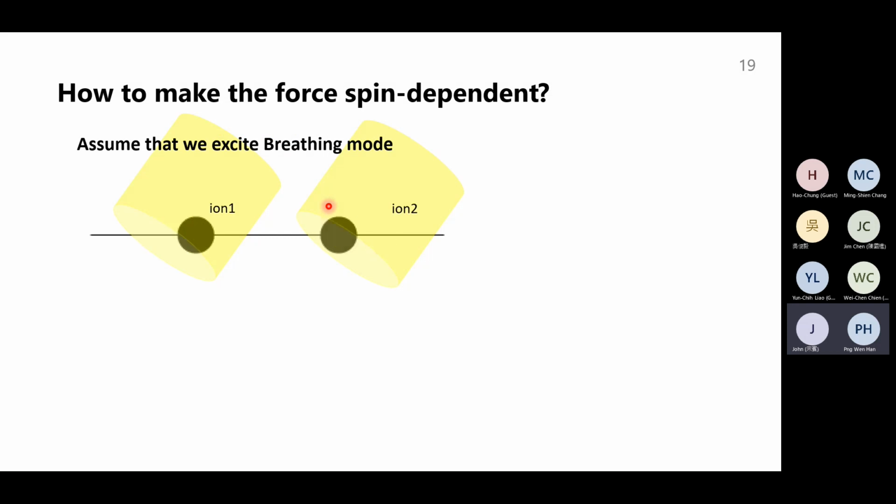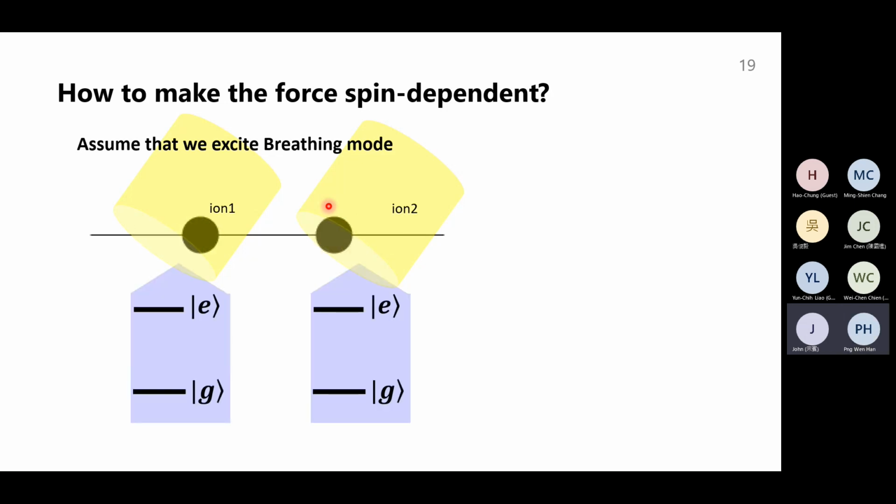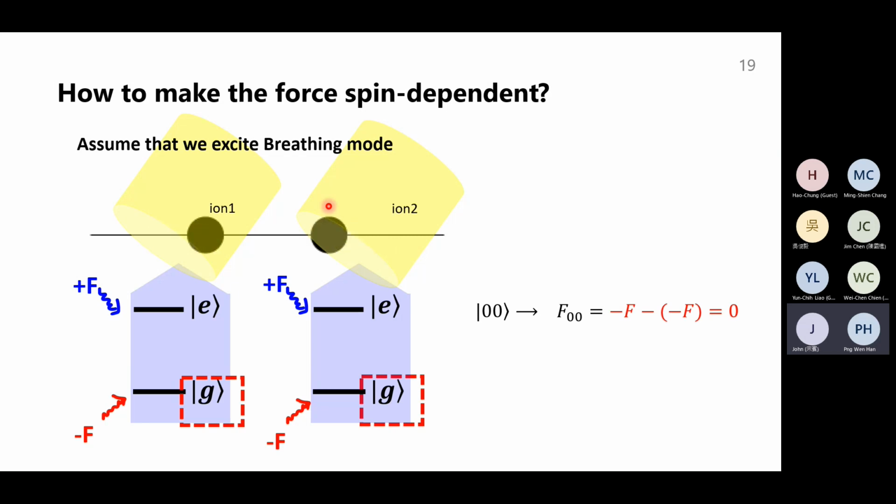So let's look at the simplest model, which will excite the breathing mode. Like I said before, we can apply different forces on the qubit levels. And you can see immediately that because in the breathing mode the ions move oppositely, when the state is in 0, 0, they see the same forces, but this turns into a cancellation, and they won't see any force in the 0, 0 state.